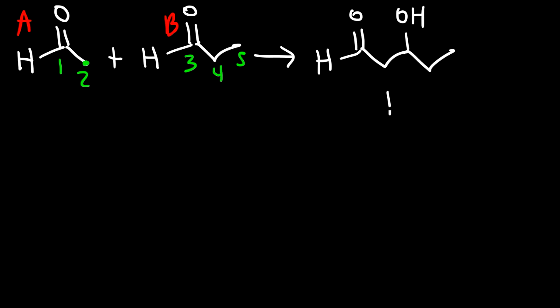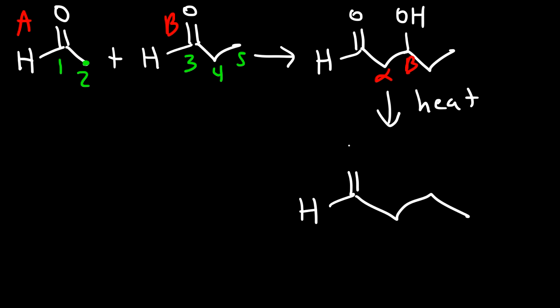And once we heat it, we're going to remove water between the alpha carbon and the beta carbon. So we're going to get a double bond in that region. So this is the final condensation product.